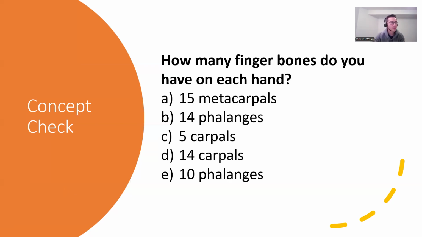All right, anyone else? Okay, two on the thumb, three on each of the other four fingers. So that's 12 plus 2, 14. 14 phalanges. Carpals are these ones. Think about carpal tunnel. There are 8 carpals. Finger bones, 14.